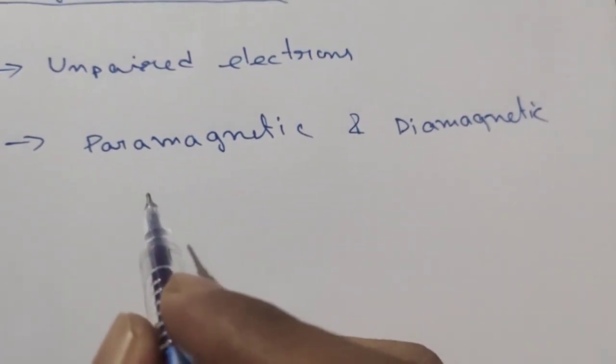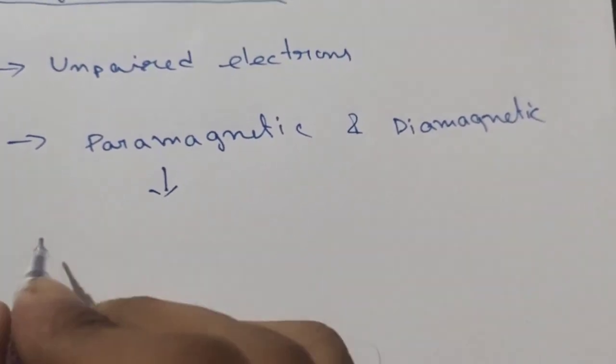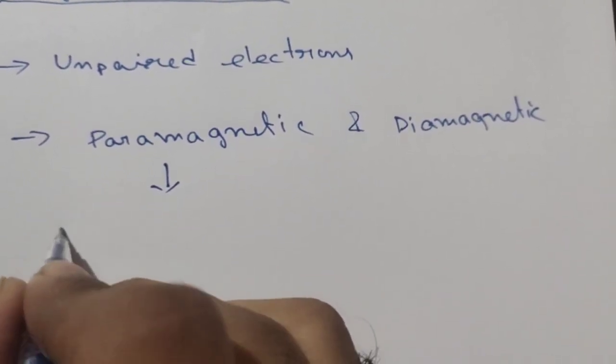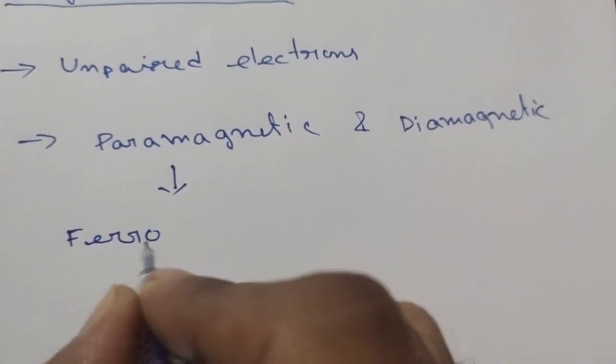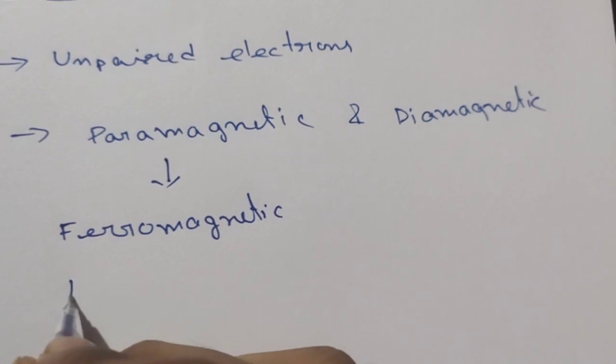So again, we can classify these paramagnetic compounds into a few subsections like ferromagnetic and antiferromagnetic.